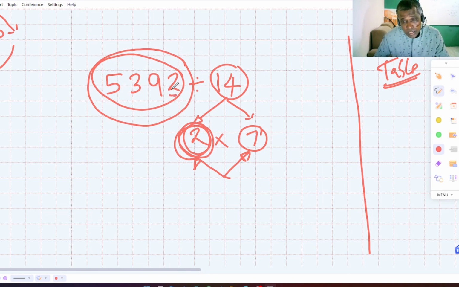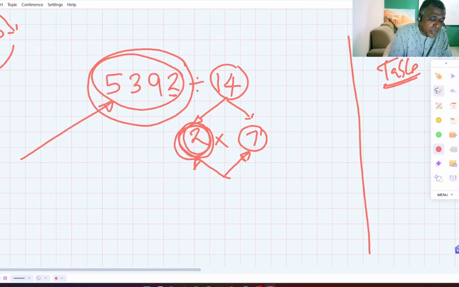Why? The first number we use to start should be able to divide this number. That means this number should be a multiple of 2, that is, divisible by 2.